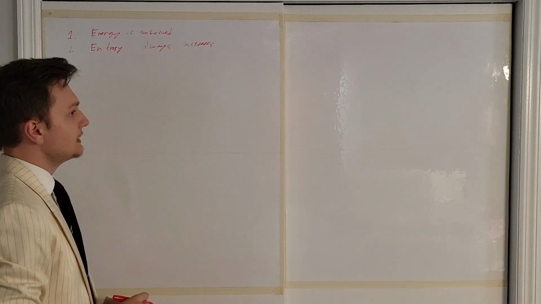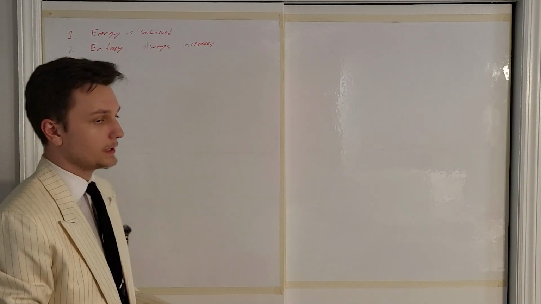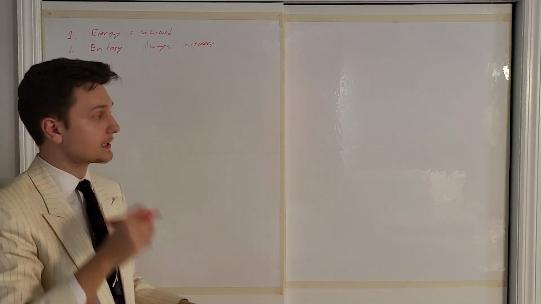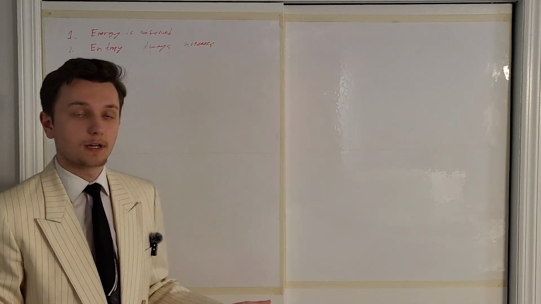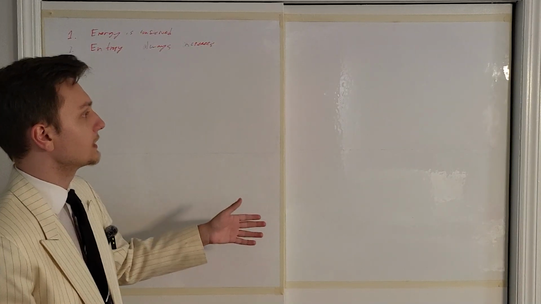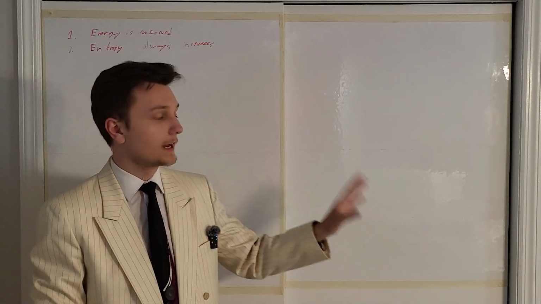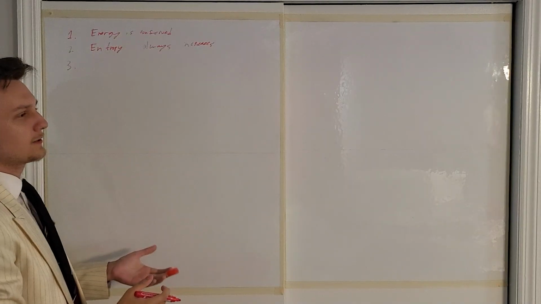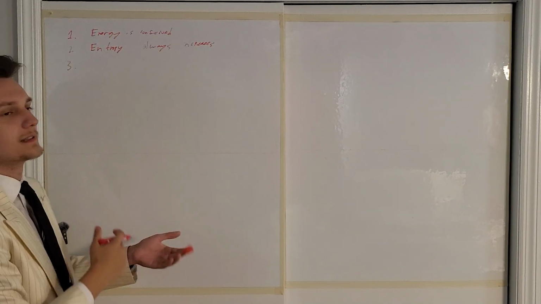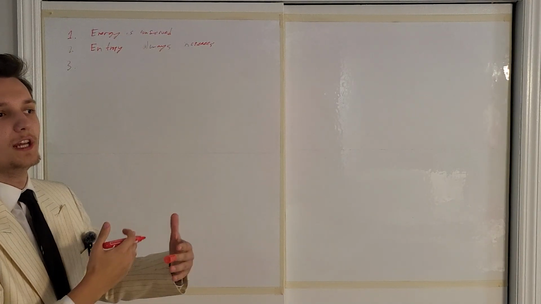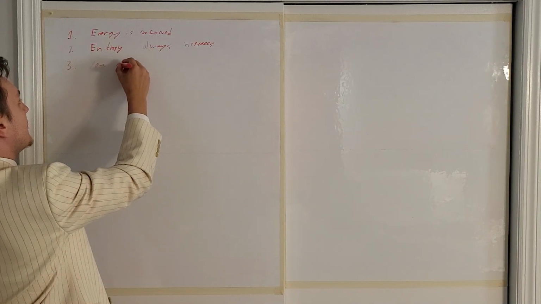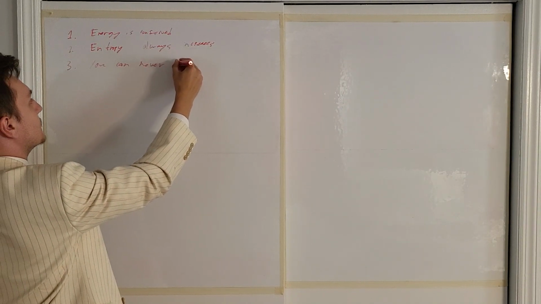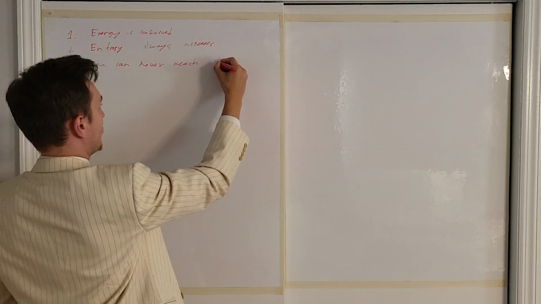You will never see equations concerning entropy in any algebra-based thermodynamics course. You will only see this in a calculus-based thermodynamics course, which is only really taught to chemical engineers and mechanical engineers in college. Then the third law doesn't actually say this, but this is what you're intended to interpret by reading the third law: you can never reach absolute zero.